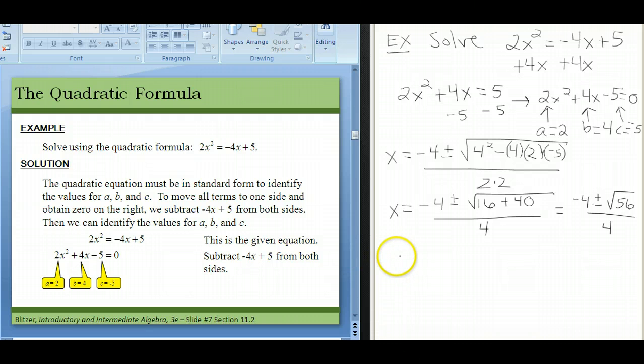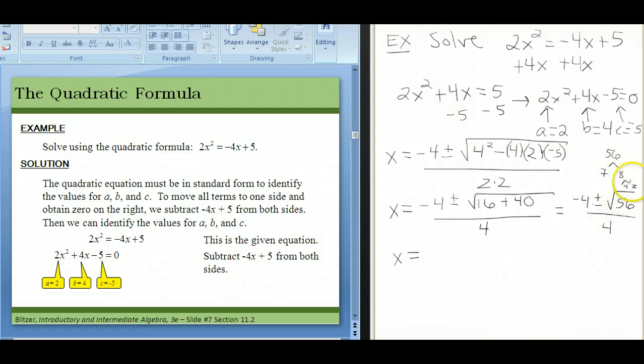And let's see if we can simplify a little bit. Factors of 56, 7 times 8, right? Which would mean, let's do our little tree. 8 times 7 is 56, right? And 8 has a 4 in it, 4 and a 2, right? So at the very least, there's a 4 living in there, right?